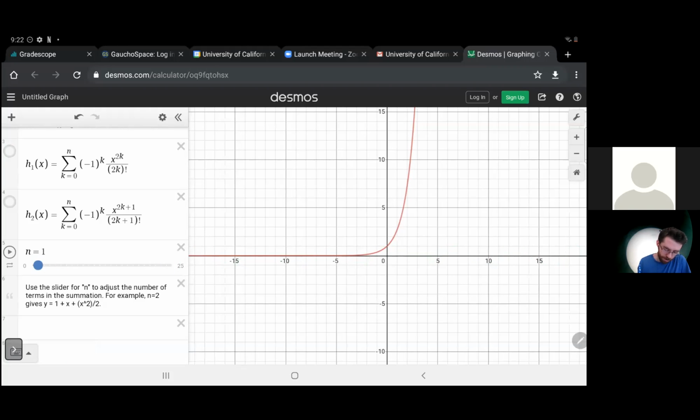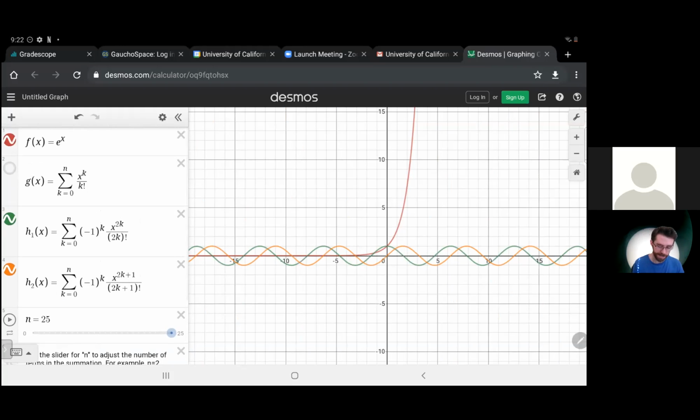So I'll set n back to 1, put this function in, it's orange, and then we'll increase, and it has the same kind of wobbly pattern. Okay, this looks like the sine function. So one was cosine, one was sine.